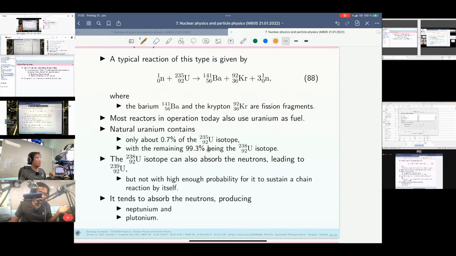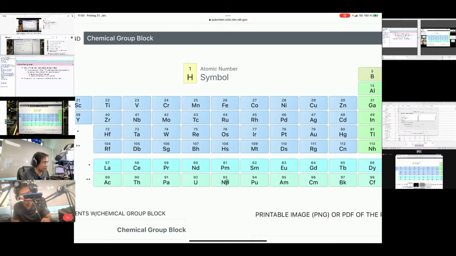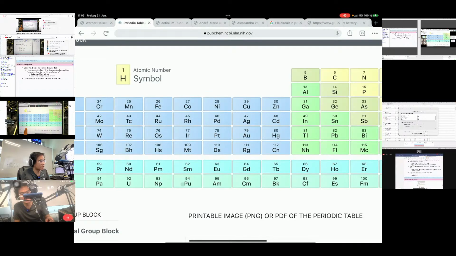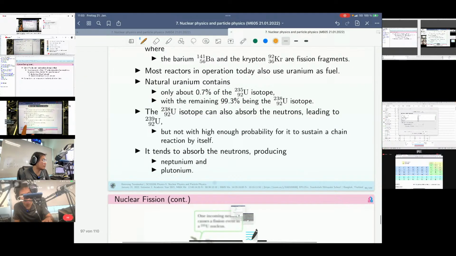This one, neptunium, a bigger one with one more proton, and then this one is plutonium. What is plutonium? This one, Pu, plutonium, I think. Yeah, to the next elements like this. Is that correct? Otherwise, I'm going to bring you to something wrong. Yes, this is plutonium, Pu.